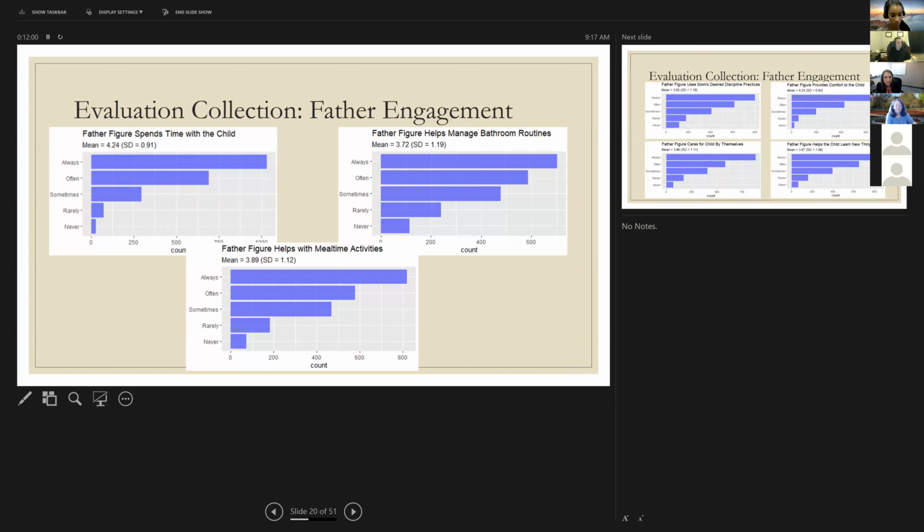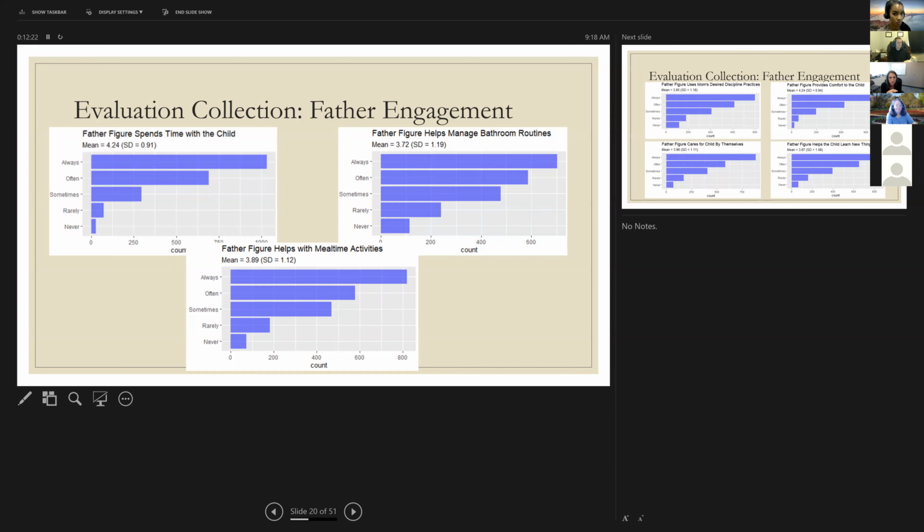Here's where we ended. And so I'm just going to show you first average scores on all the items, and then we'll look at how that changed over time. So for each of the items that we asked parents, we asked how often the father figure spends time, bathroom routines, meal times. What we're seeing across the board is that mothers generally reported high involvement from fathers.